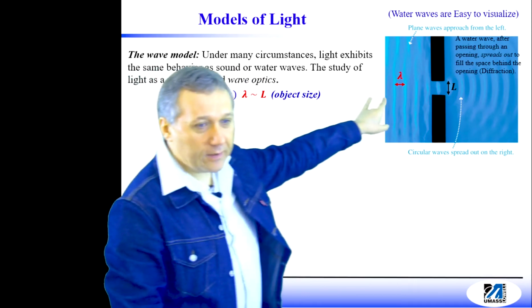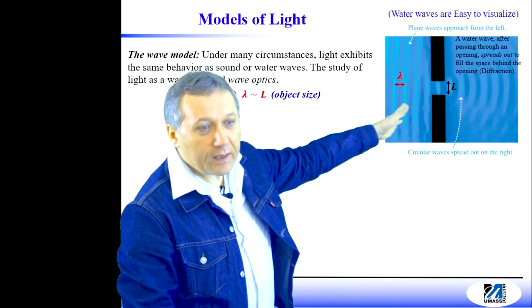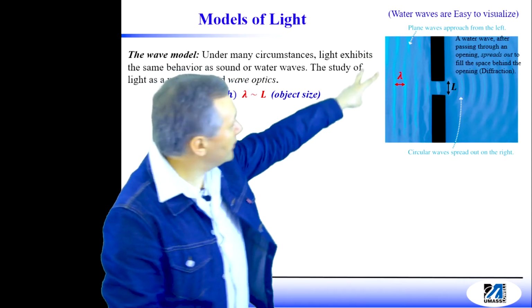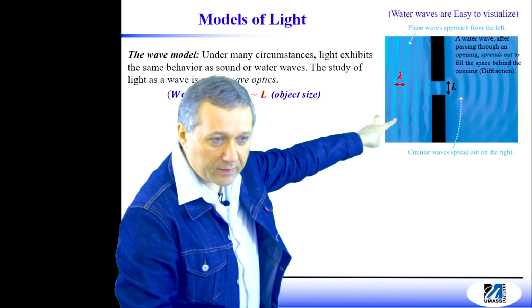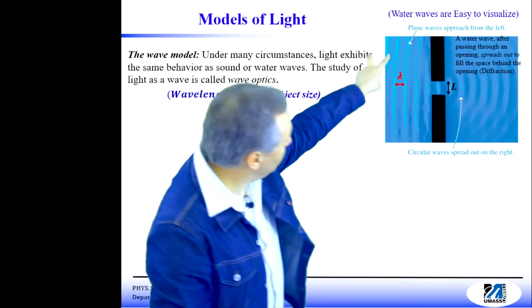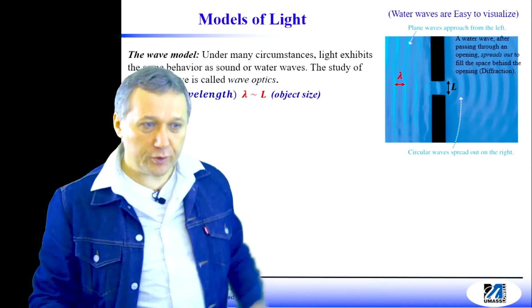And you see the wavelength of this wave. In this case, we have what is called a plane wave. You see these bright lines, they are effectively wave fronts, and they are basically straight lines parallel to each other.